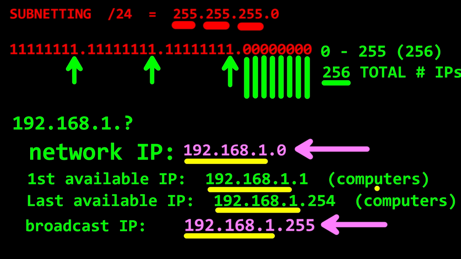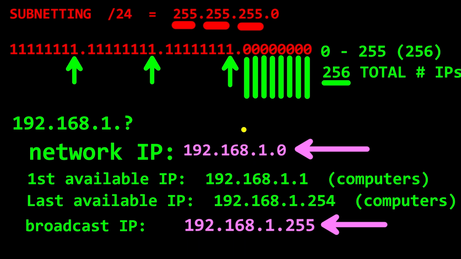of the IP address. Therefore, 192.168.1 is the network portion. The fourth octet in the subnet mask is all zeros, so it's allowing the IP address to change.